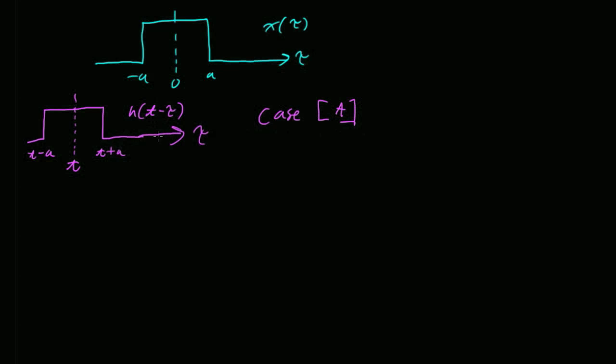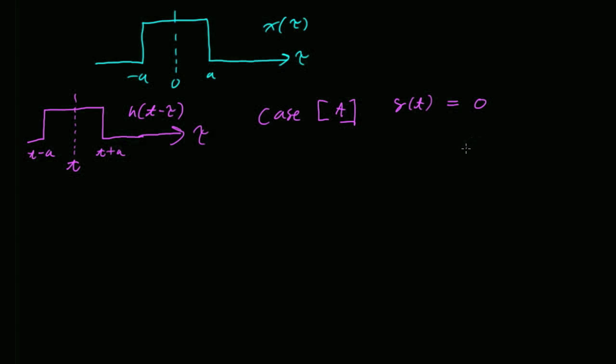No. Because there is no non-zero overlap, when I multiply those two functions together, because remember the convolution integral says take x of tau, h of t minus tau, and multiply. So when I multiply this function against this function, what am I going to get? 0. And when I integrate, I'm going to get 0. Okay. So for case A, y of t is going to equal 0, the result of my convolution integral.